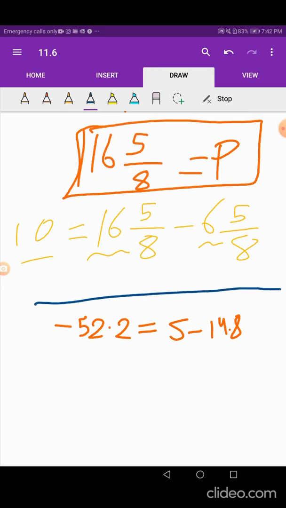Okay. The same thing, we have negative 14.8. To keep the s isolated, we need to add 14.8 to this side and 14.8 to the second side.